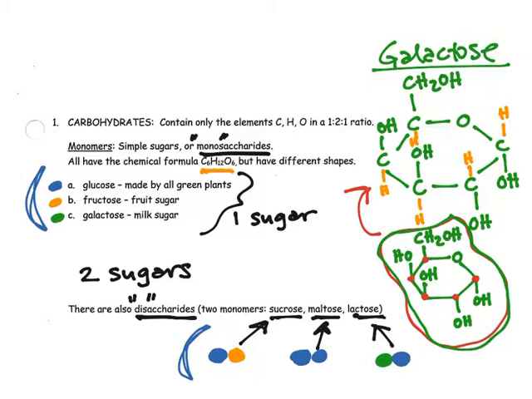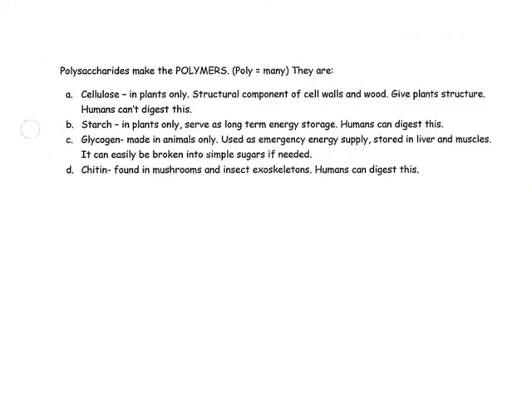So when we have more than two sugars bonded together, we then tend to use the term polysaccharides, which is covered in our next section. So let's go ahead and read through the different types of polysaccharides. Poly is our root that refers to many sugars. So we have many sugars bonded together.